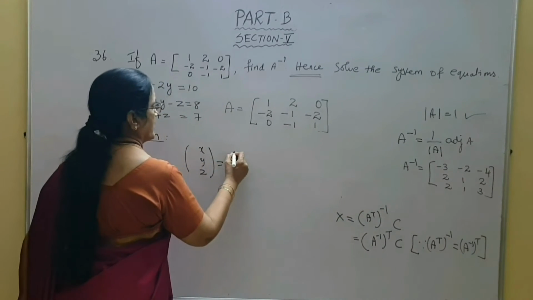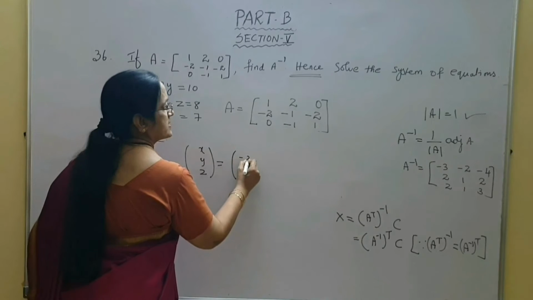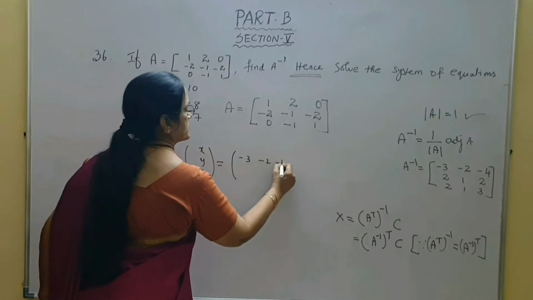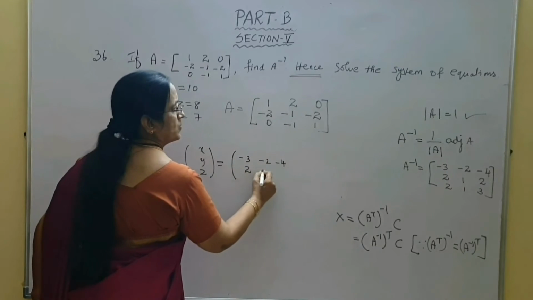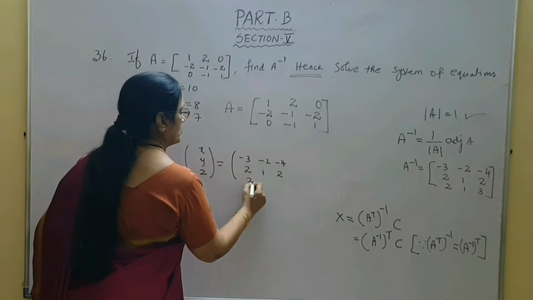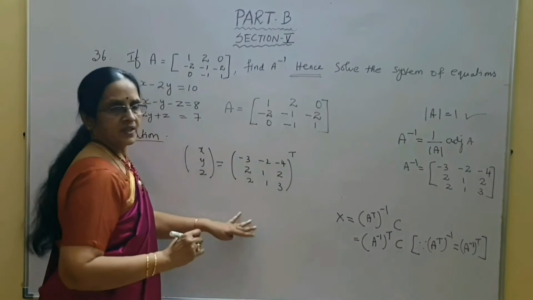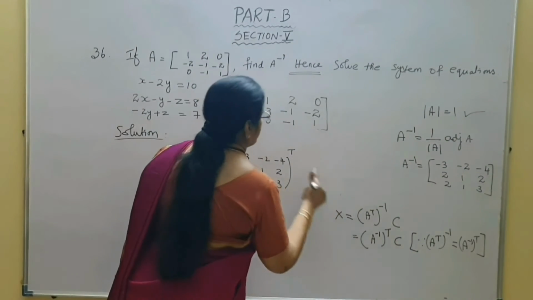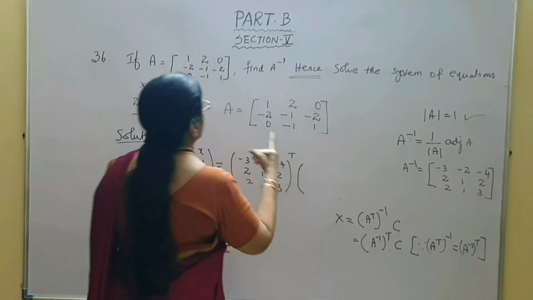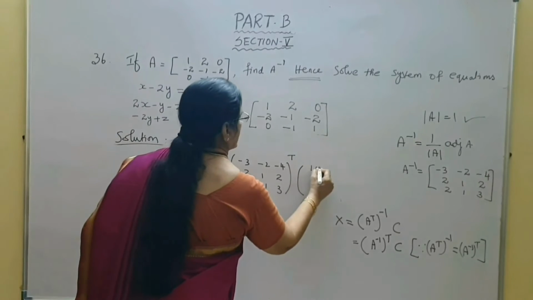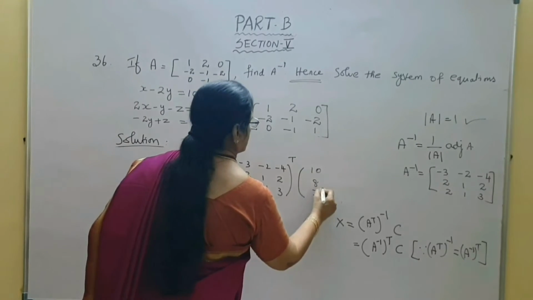A inverse is the matrix minus 3, minus 2, minus 4, 2, 1, 2, 2, 1, 3, the whole transpose, into C. C is the column matrix 10, 8, 7.